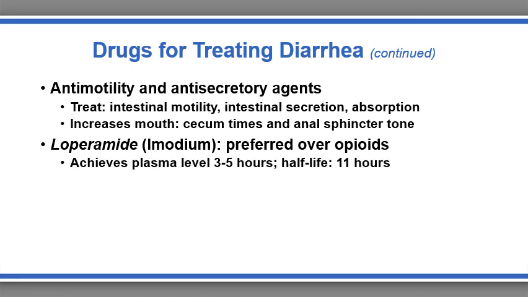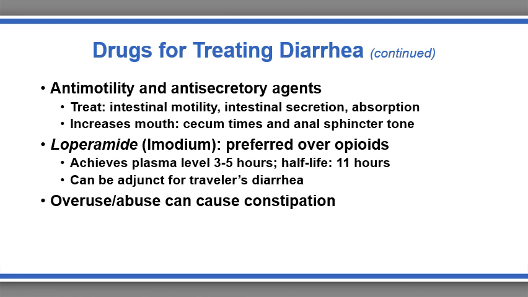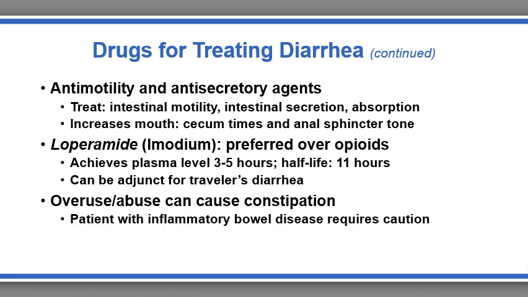You achieve plasma levels in 3 to 5 hours, with a half-life of 11 hours. So this can be an adjunct potentially for travelers' diarrhea. If somebody does experience that, and we talked about the causes of travelers' diarrhea, overuse or abuse can cause constipation. It would make sense that that could be a potential negative effect of overuse.